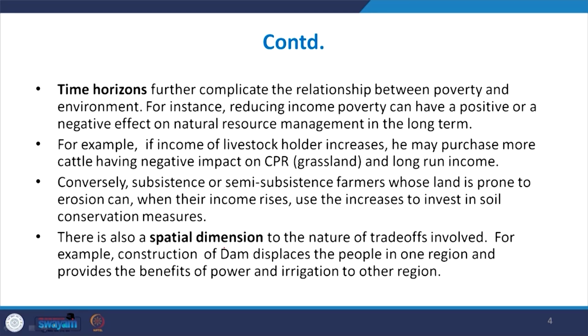So, this is also the important issue while discussing the relationship between environment and poverty.